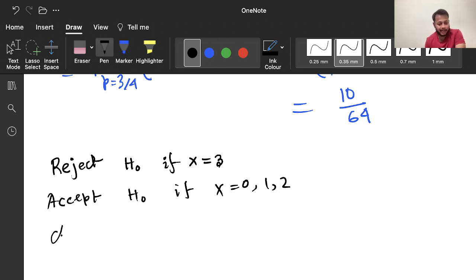Now you will see the alpha star, that will be the probability under p equal to 1 by 4, the null hypothesis. What is the probability that x equal to 3?